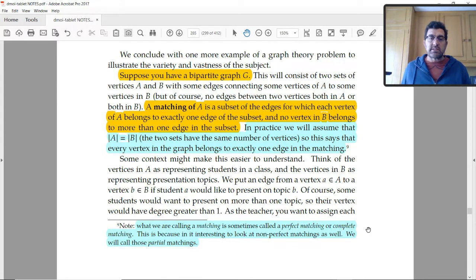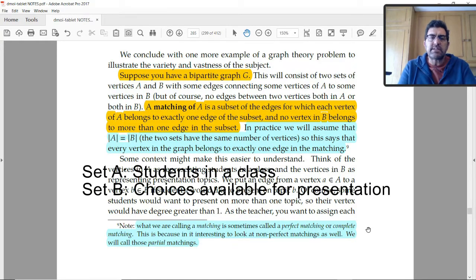Some context might make it easier to understand. Think of the vertices in the one set as representing the number of students in a class, and the vertices in the other set, the topics for presentations that they must choose.